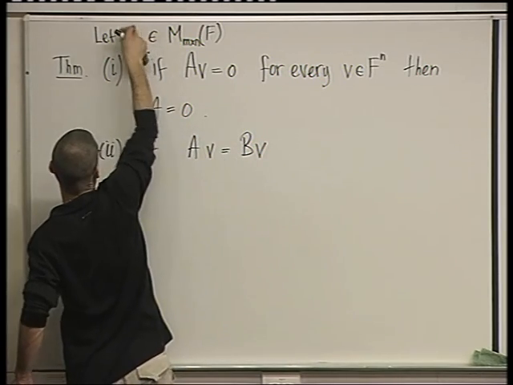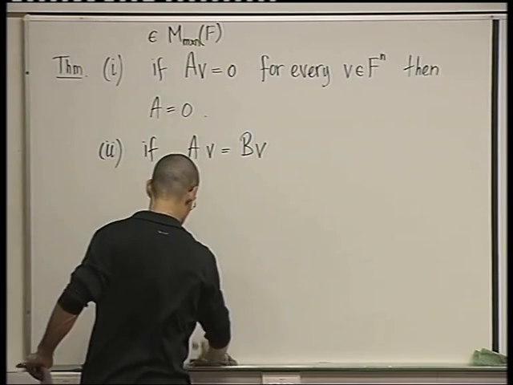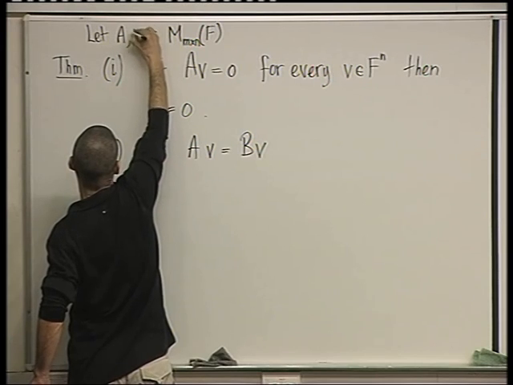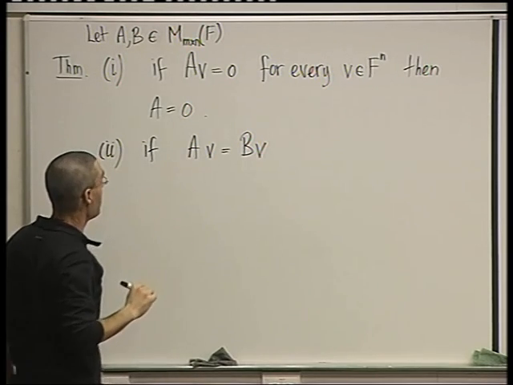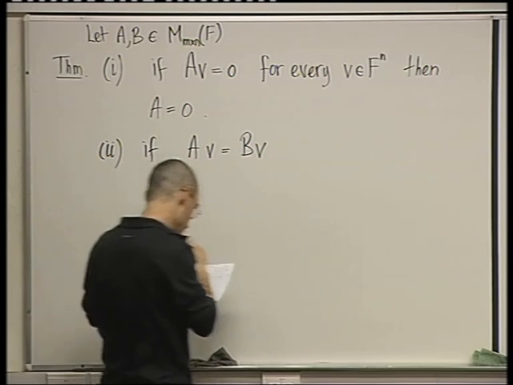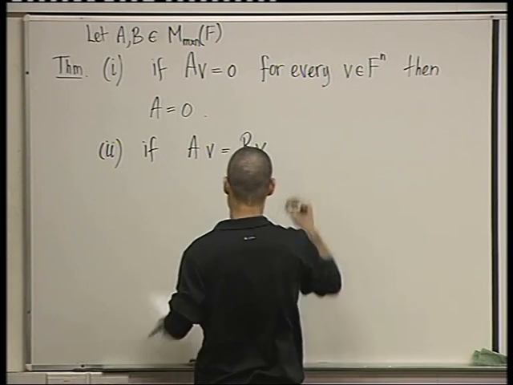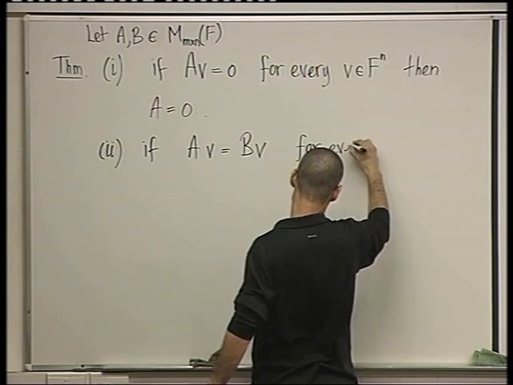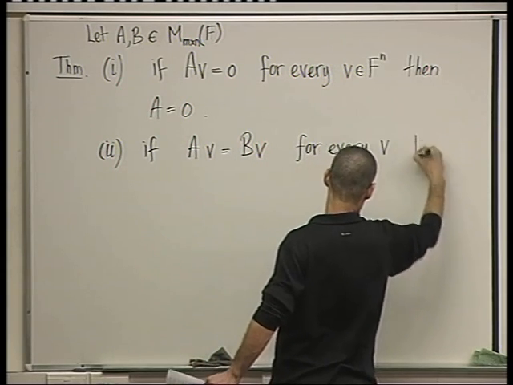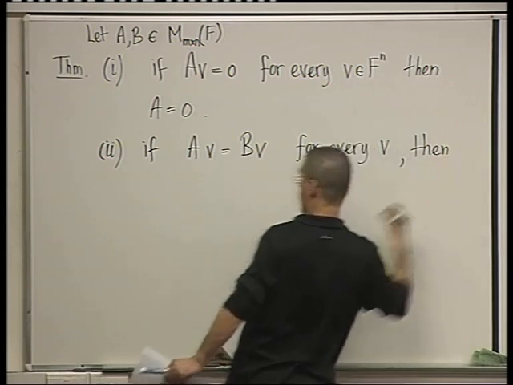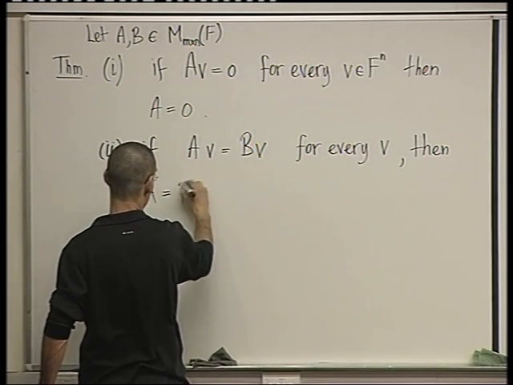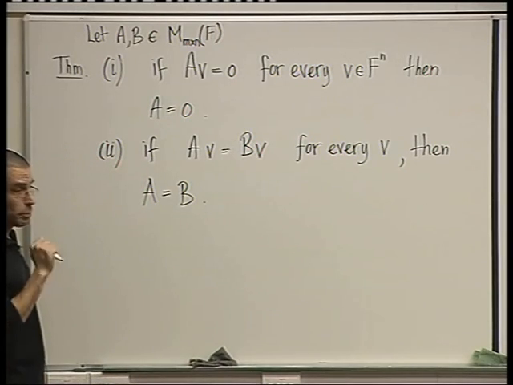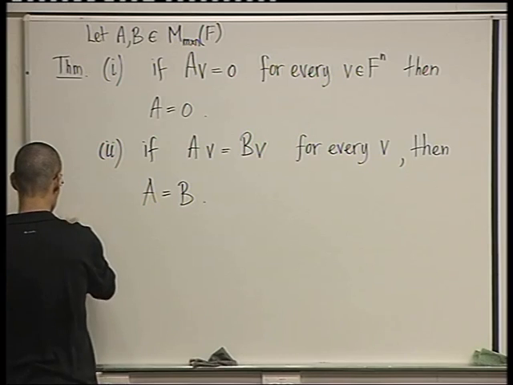So let A and B belong to m by n over F. If AV equals BV for every V, then A equals B. So let's prove this. So proof.